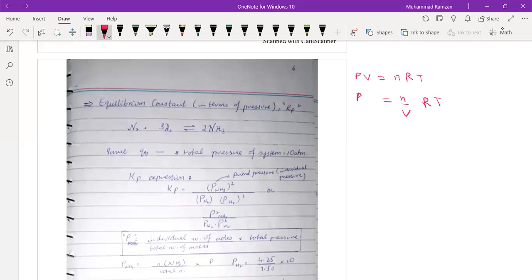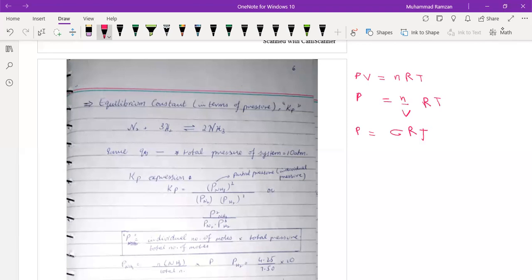Number of moles over volume is actually concentration, mole per dm cube. Units may be any. So basically, P is equal to concentration RT.